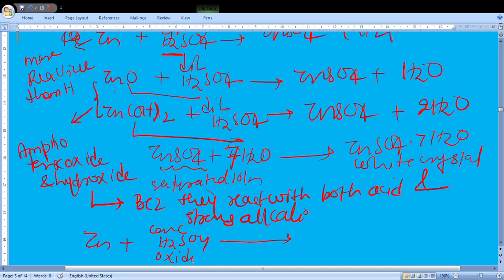Here concentrated H2SO4 will act as an oxidizing agent to form ZnSO4, and H2SO4 gets reduced to form H2O and SO2. So SO2 is the reduced form of H2SO4. So here 2 H2SO4 and 2 H2O can be used. But if we are able to prepare ZnSO4 by using dilute H2SO4 from Zn, no need to take concentrated. If you are taking it, then it will act as an oxidizing agent and form ZnSO4, water and SO2.